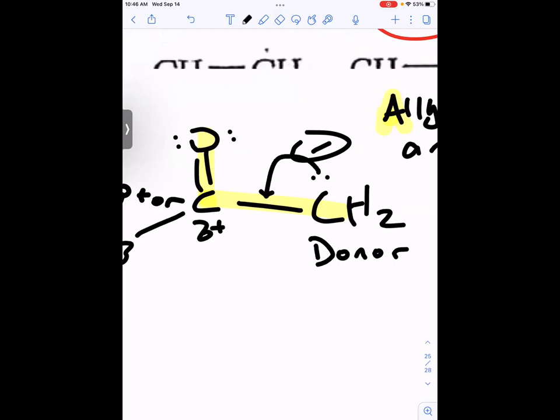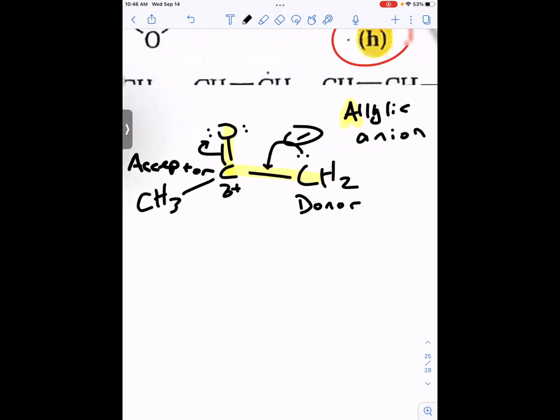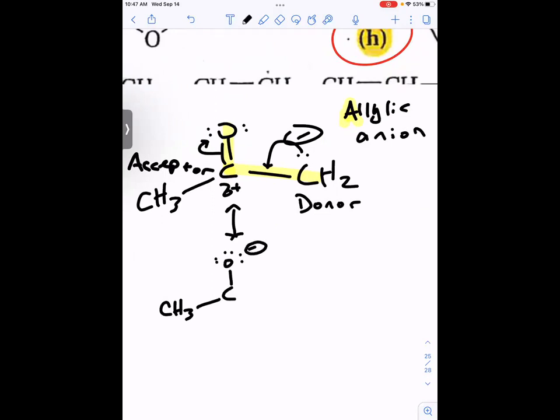What that tells us is that we're making a pi bond there, and then we want to break the pi bond to oxygen. This is a nice clean example. And then what's the charge on each one?